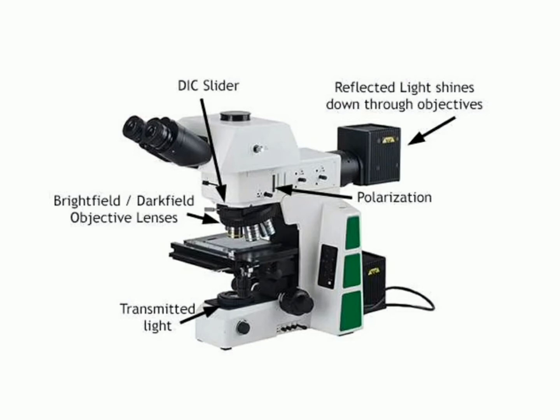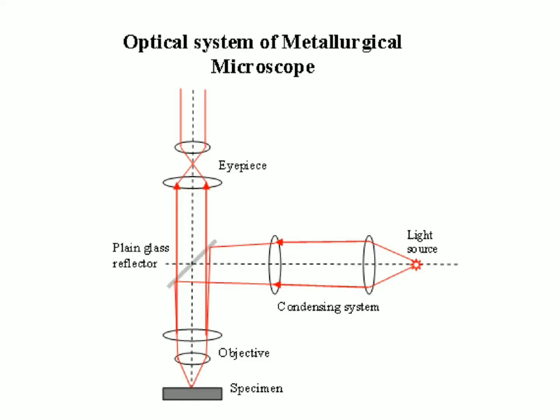Now the optical system of a metallurgical microscope: the eyepiece is situated at the top of it, and when we keep the specimen under the objective, the specimen's light gets reflected towards the eyepiece. That light is emitted from the light source which is mounted at the top of the microscope.